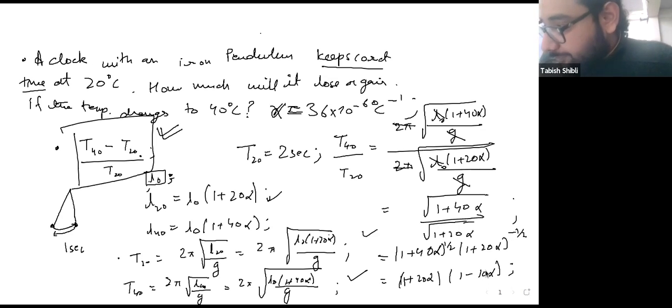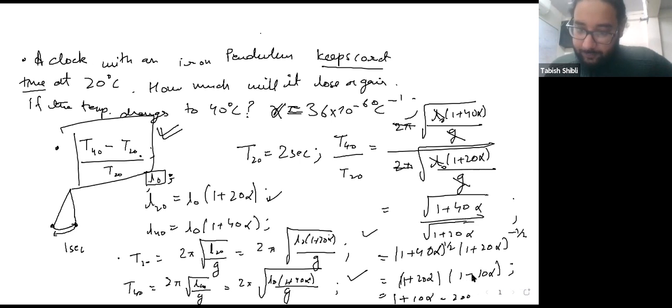Okay. So simplify this further. What do you get? You get a 1. You get 20 minus 10, so 10 plus 10 alpha, and square term minus 200 alpha square.